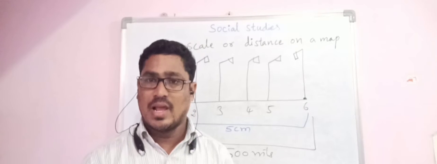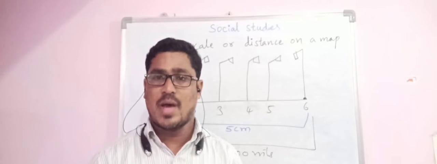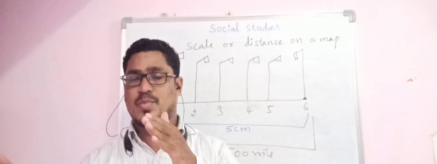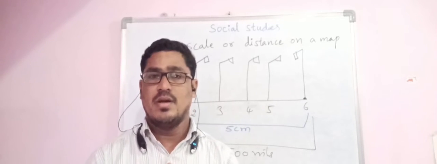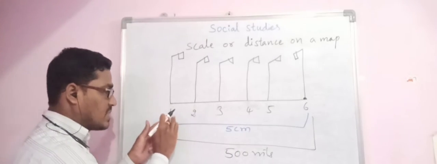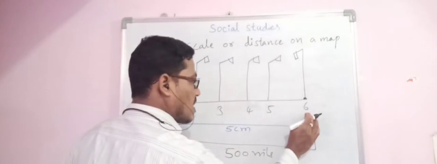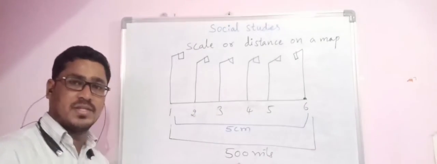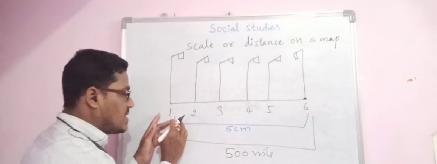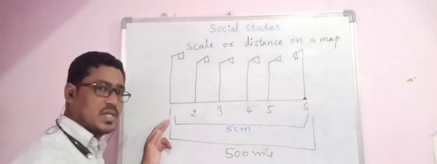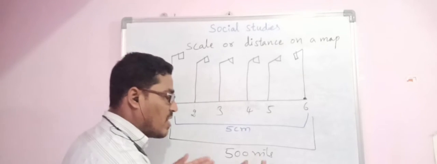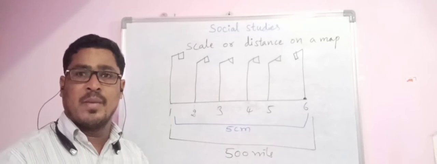When Laila was drawing the 6 lamp posts, the original distance from the first lamp post to the 6th lamp post was 500 meters, but she took only 5 centimeters, because we cannot take this 500 meters distance on the map.